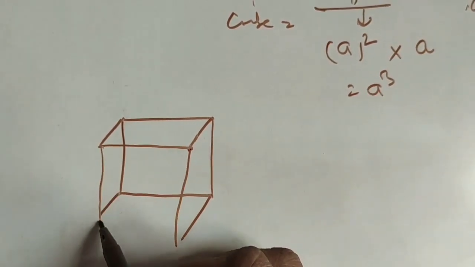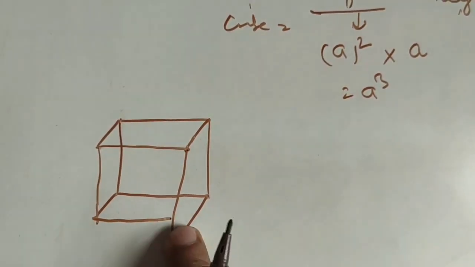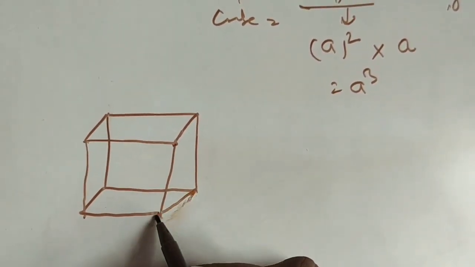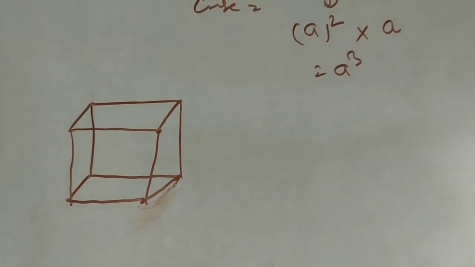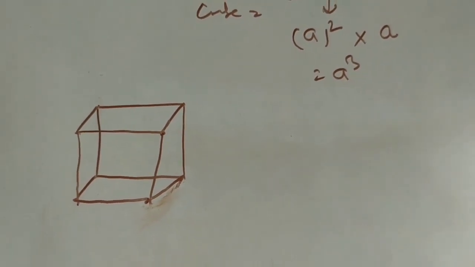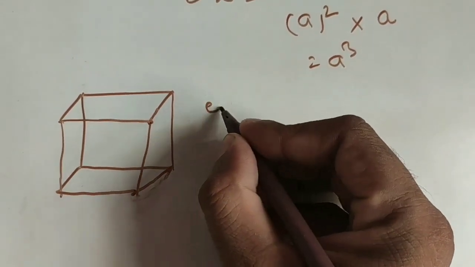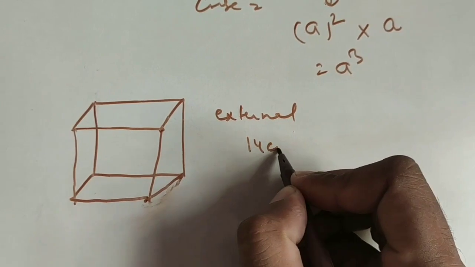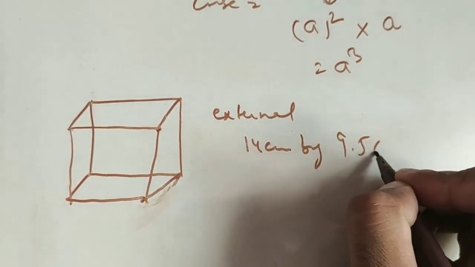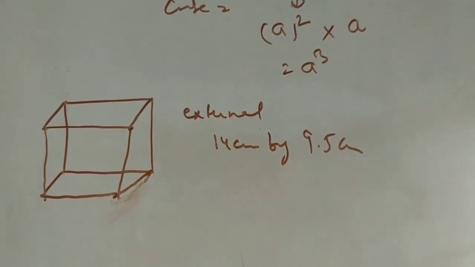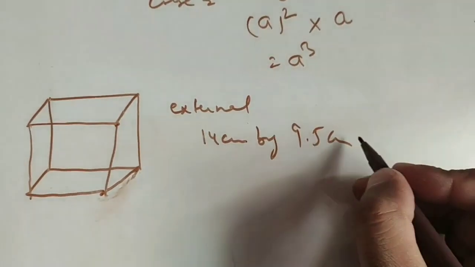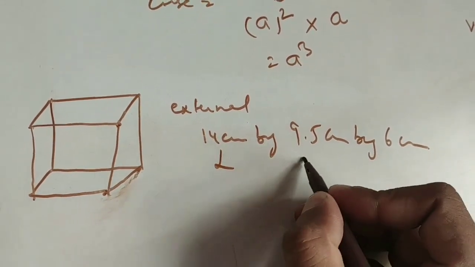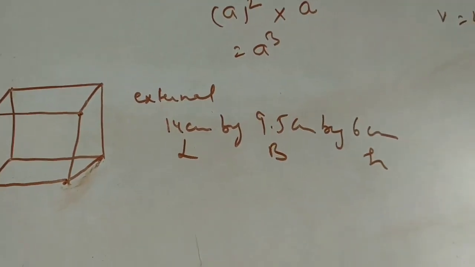In this box, its external dimensions are given as 14 centimeter by 9.5 centimeter by 6 centimeter. Whenever this by is written, it means the first one is length, second one is breadth, third is height.